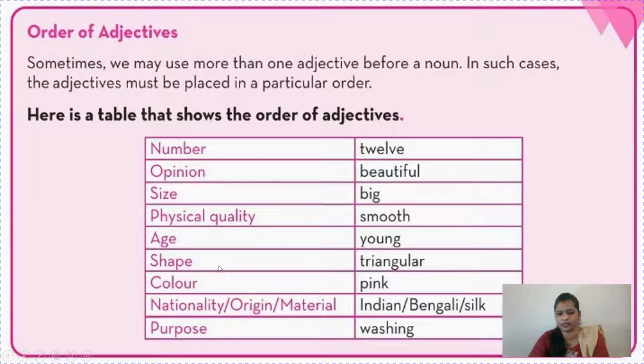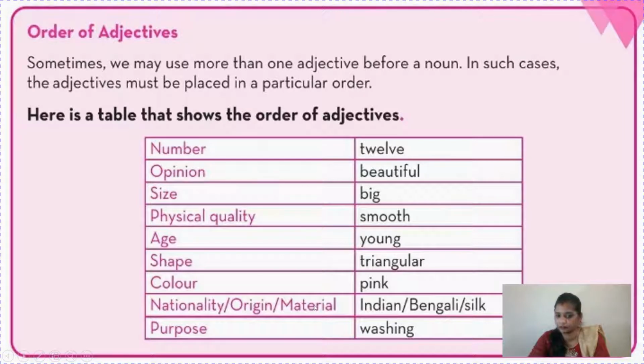Age, old or young. Shape, triangular, rectangle, square, anything. Color, black, yellow, pink. Nationality can be Indian, Chinese, American. Origin, Bengali, or you can write anything, Japanese. Okay, then in material you can write silk.